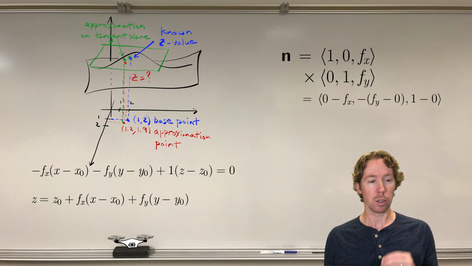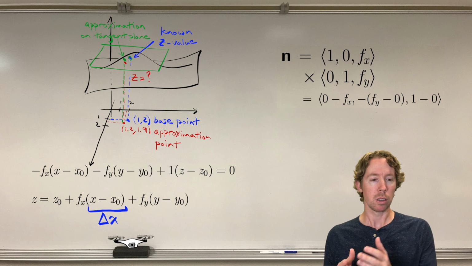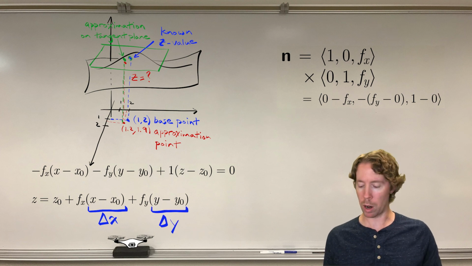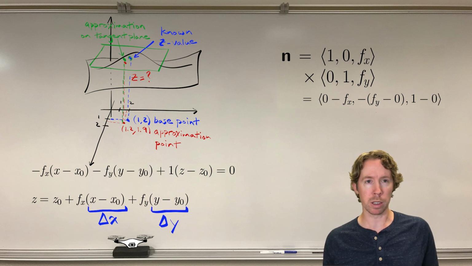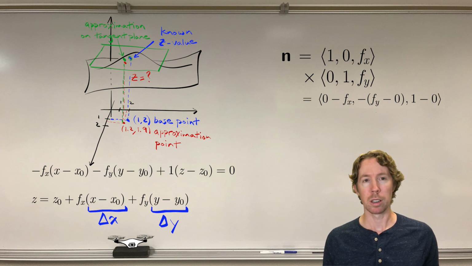So take the z naught and then add slope in the x direction times change in x plus slope in the y direction times change in y. That gives you your final z value on the tangent plane, and that is the approximation to the z value on that curved surface.